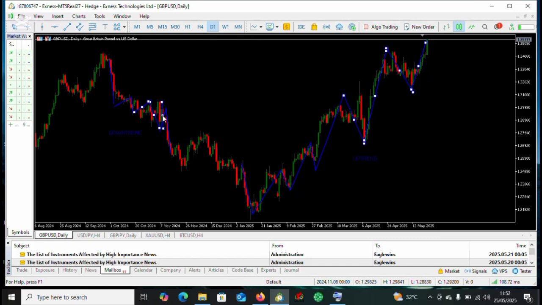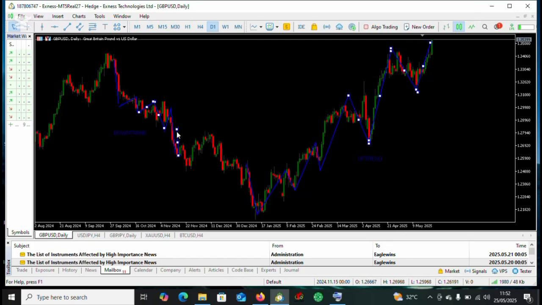Like you have seen here, price keeps coming down, it kept smashing down and down until there was a reversal.